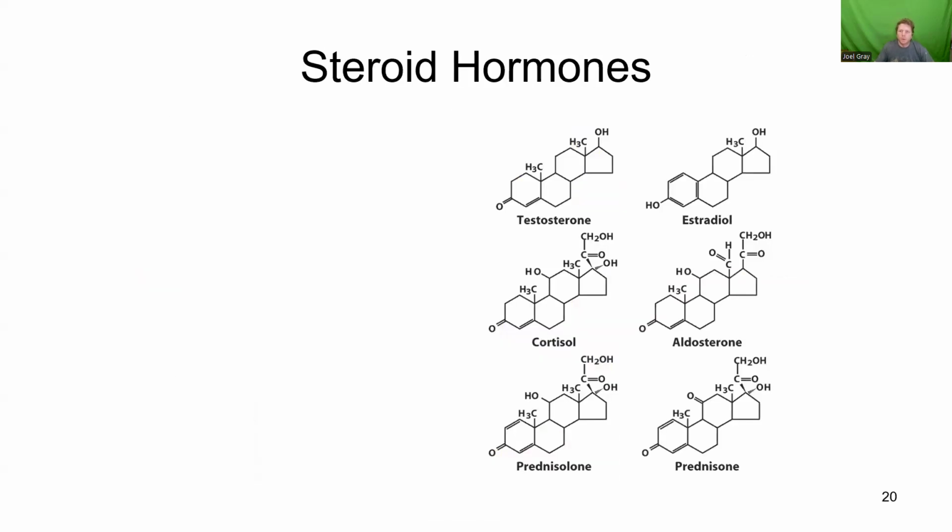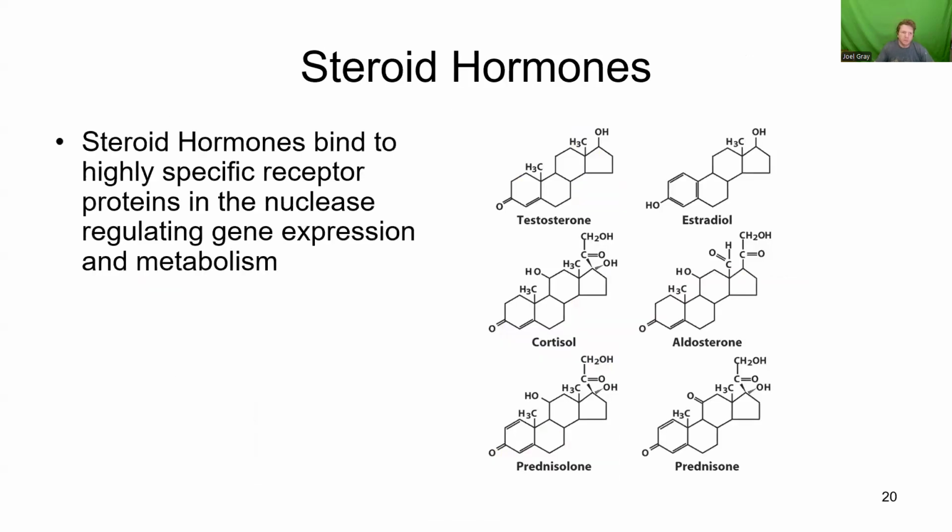But when we look at steroid hormones, they bind to very specific receptor proteins on cell surfaces. Imagine that my forearm is where a lipid bilayer is, and my hand is the receptor protein that binds something like testosterone. Based on that binding, my arm is going to undergo a structural change.